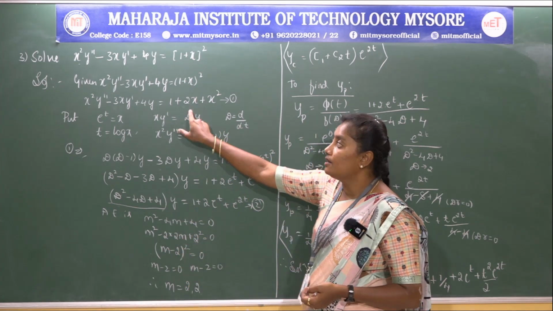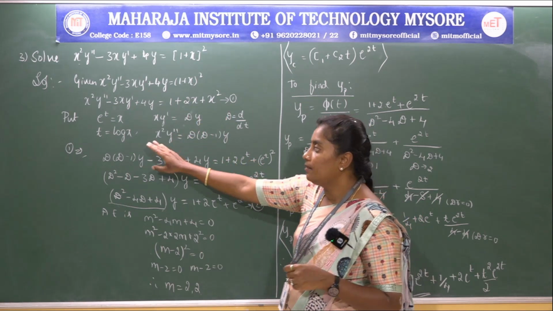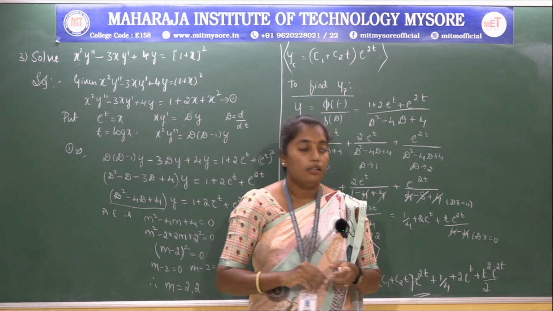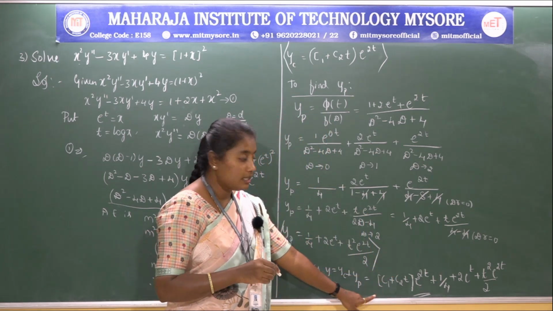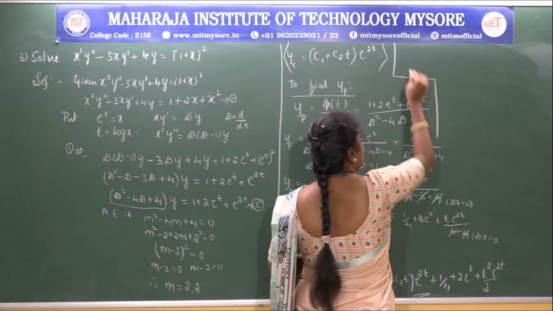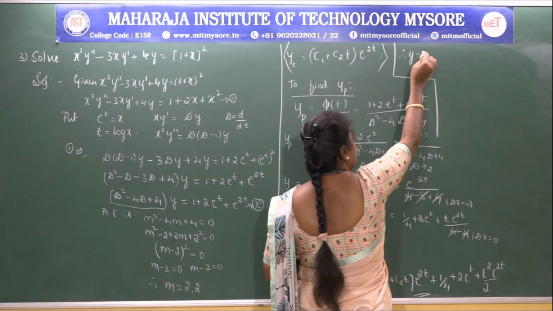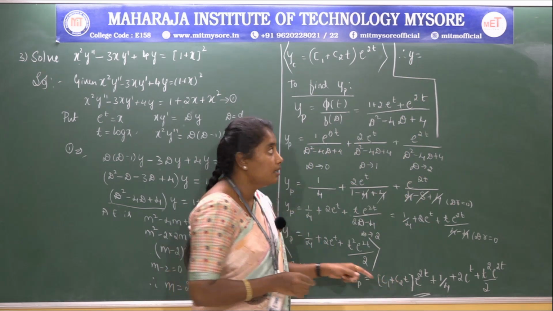But we have to write the solution of equation number 1, that is in terms of x. So that's why replace the value of t by log x in this obtained solution. Therefore y is equal to what we have, c1 plus c2t.